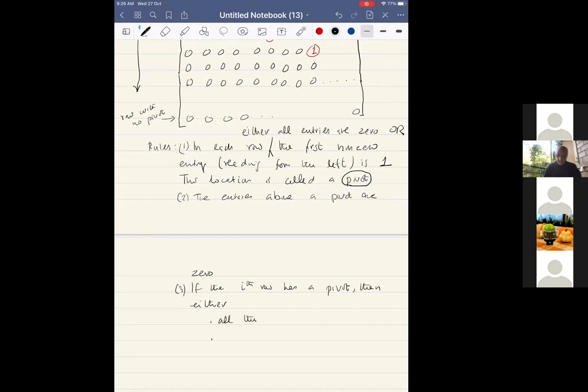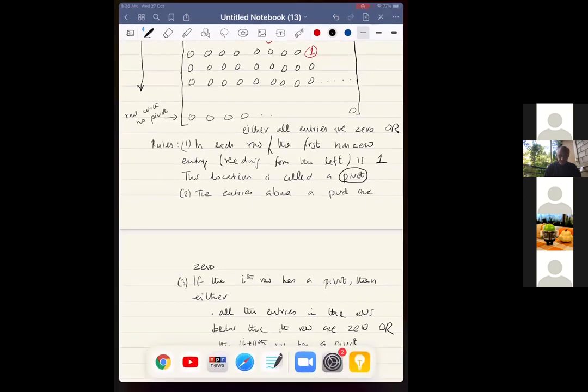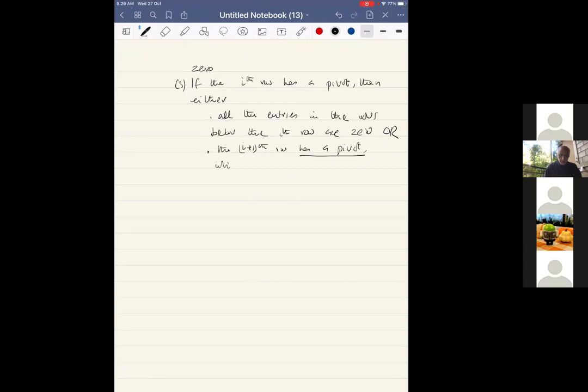Either all the entries in the rows below the ith row are 0, or the (i+1)th row has a pivot, which is to the right of the pivot in the ith row.